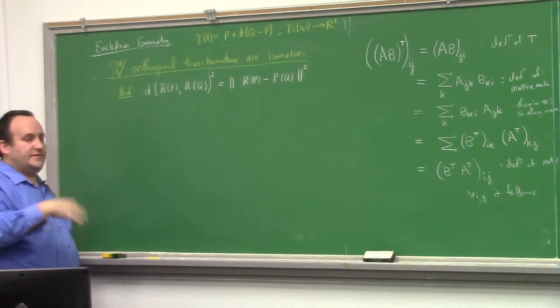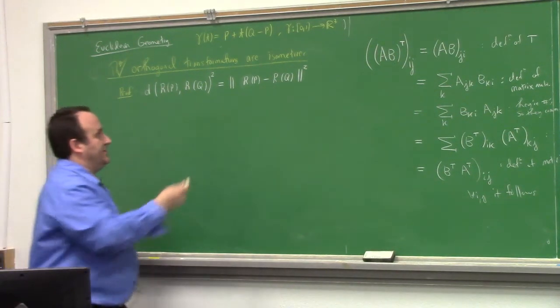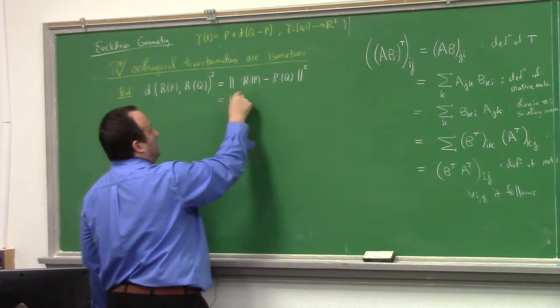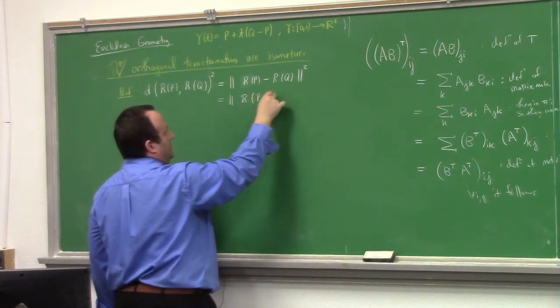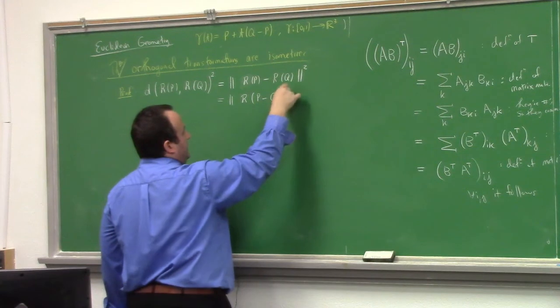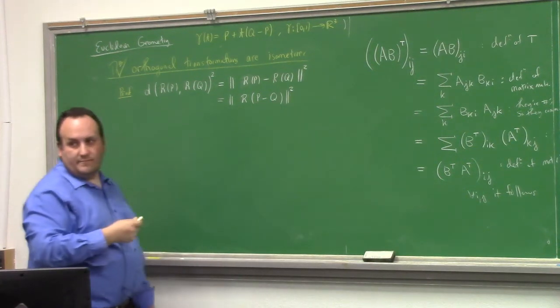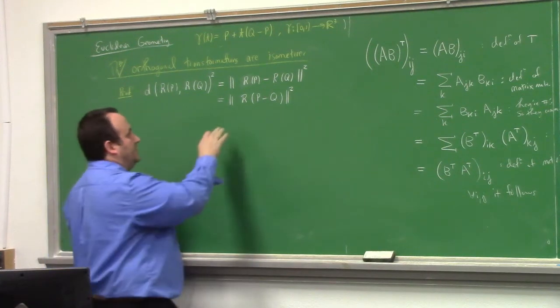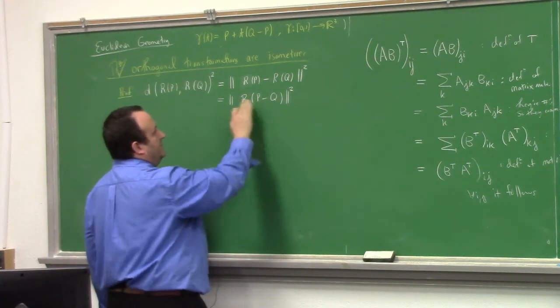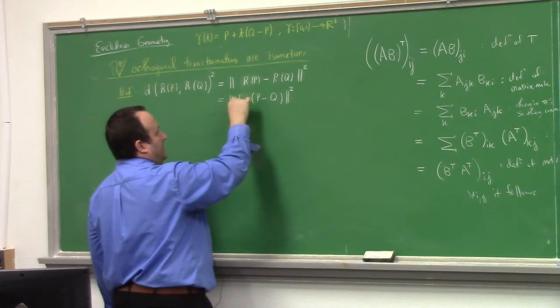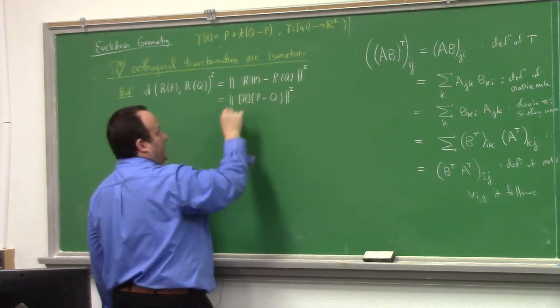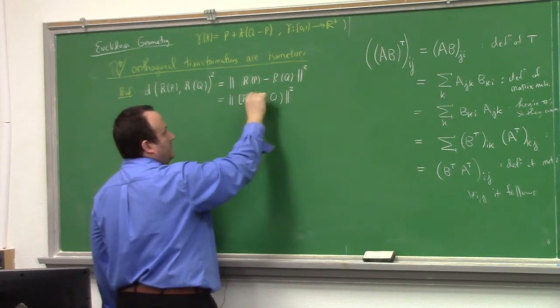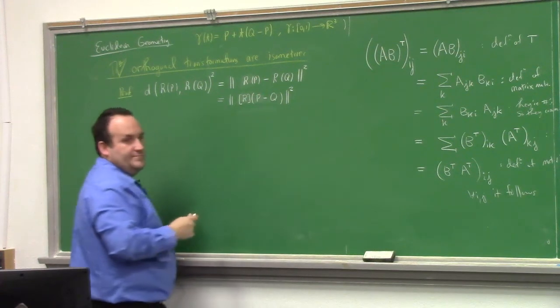But R is linear, so I can rewrite that as the norm of R of P minus Q, squared. And I can do better. I can rewrite that as the matrix of R times that vector, length of that squared. Okay?